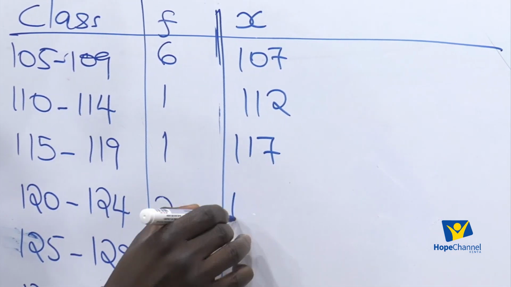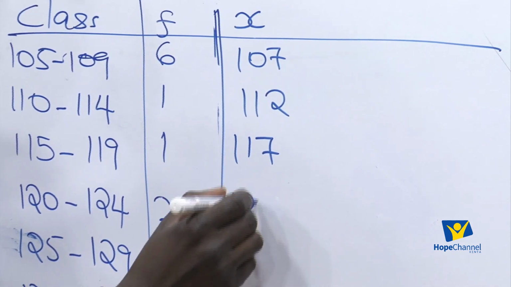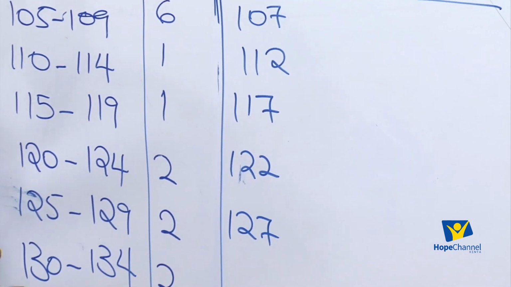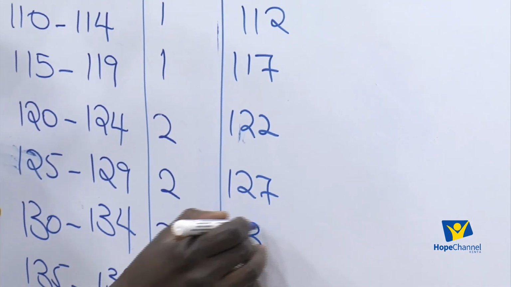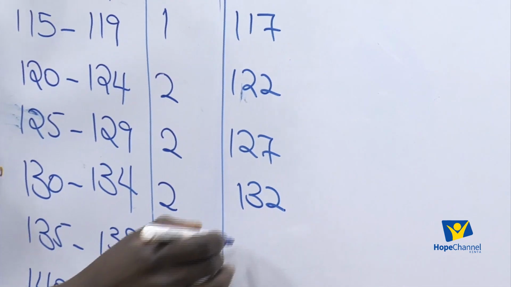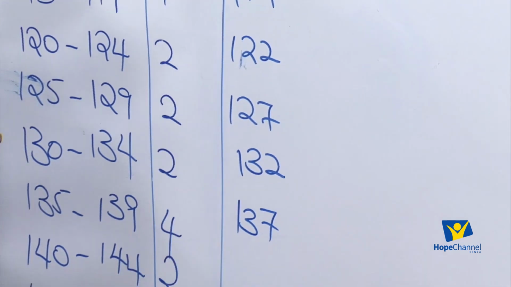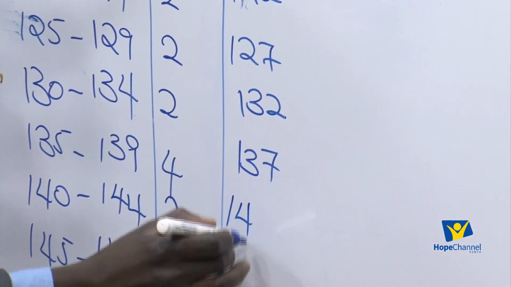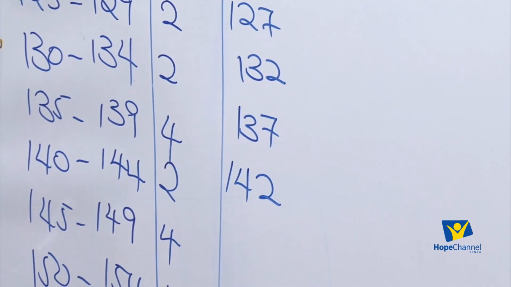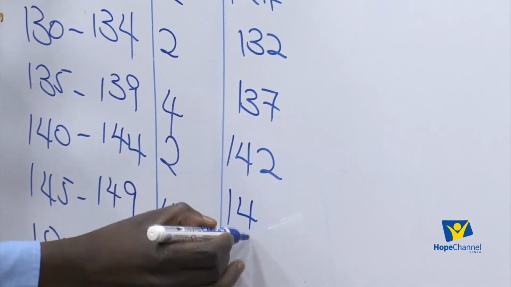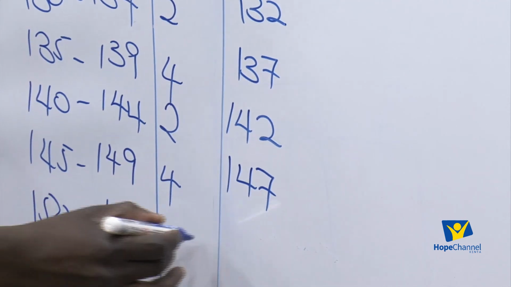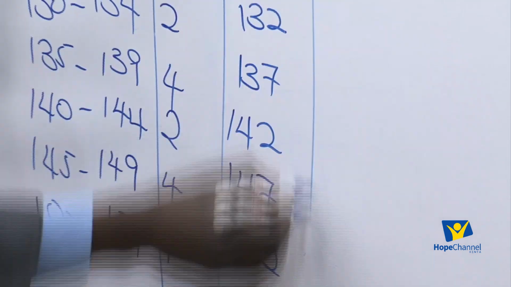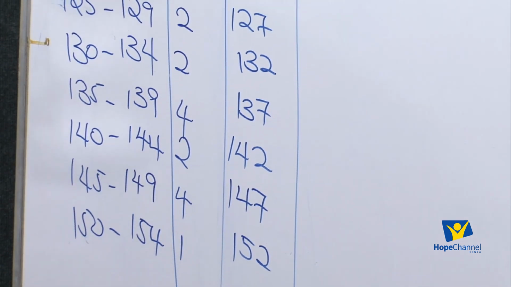Then this one becomes 122, this one 127, this one 132, this one 137, this is 142, and this is 147. This is 152. So we are done with the column of x.